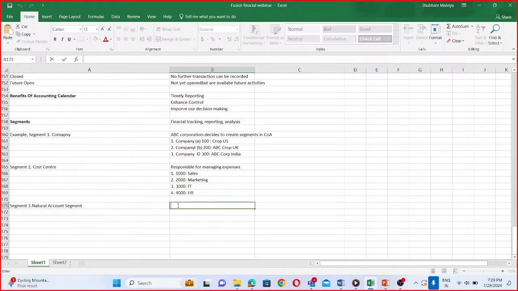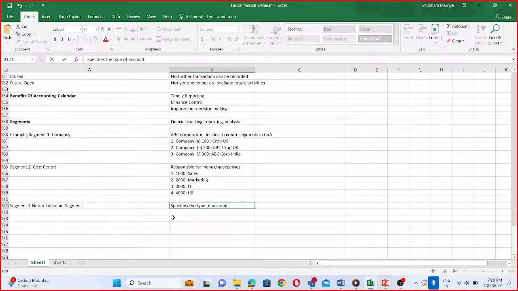For example, we have assets, liabilities, revenue, and expenses. So it specifies the type of account. Which type of account?